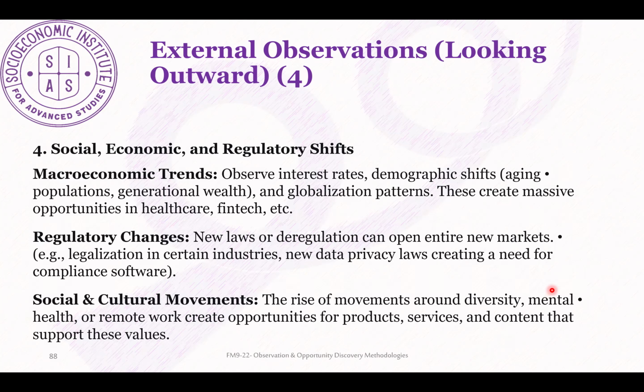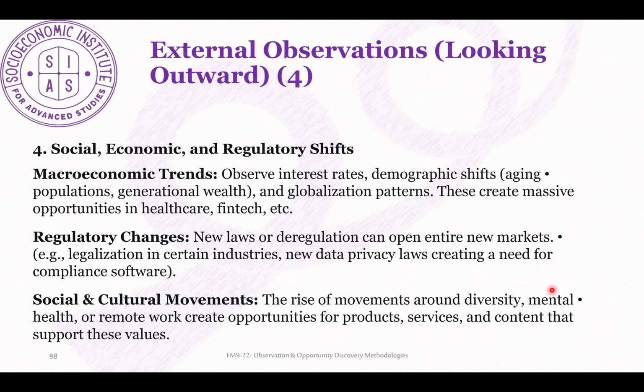The fourth type of external observation is social, economic, and regulatory shifts. For example, if there is a shift in macroeconomic trends, we observe interest rates, demographic shifts, an aging population, generational wealth, or globalization trends.